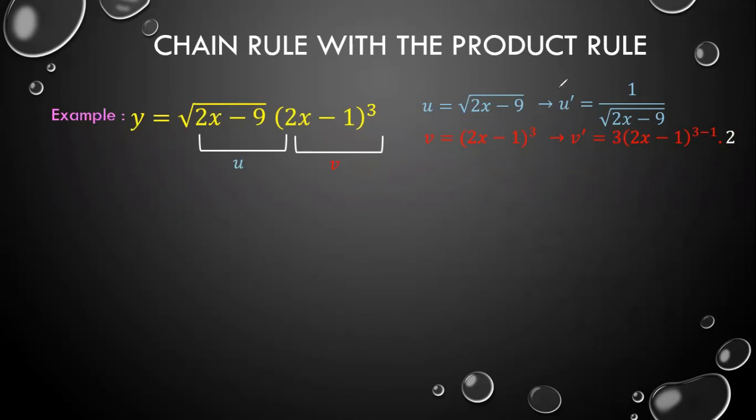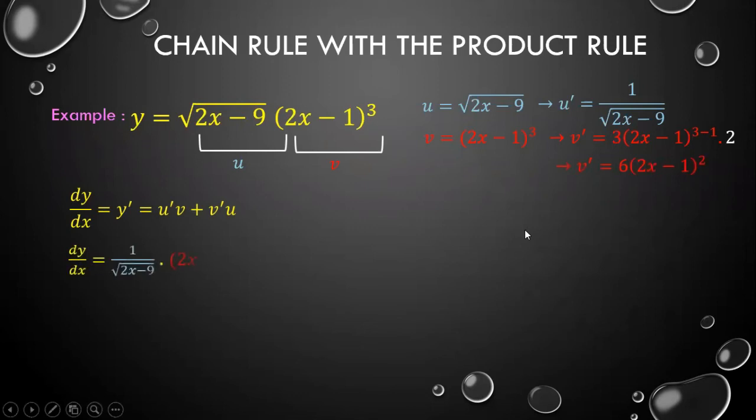Okay, next we have u, v, u prime, and v prime. Now we go to the differentiation of y. So dy over dx, or y prime, equals u prime v plus v prime u. You just insert all the functions into y prime. So dy over dx is 1 over root of 2x minus 9.